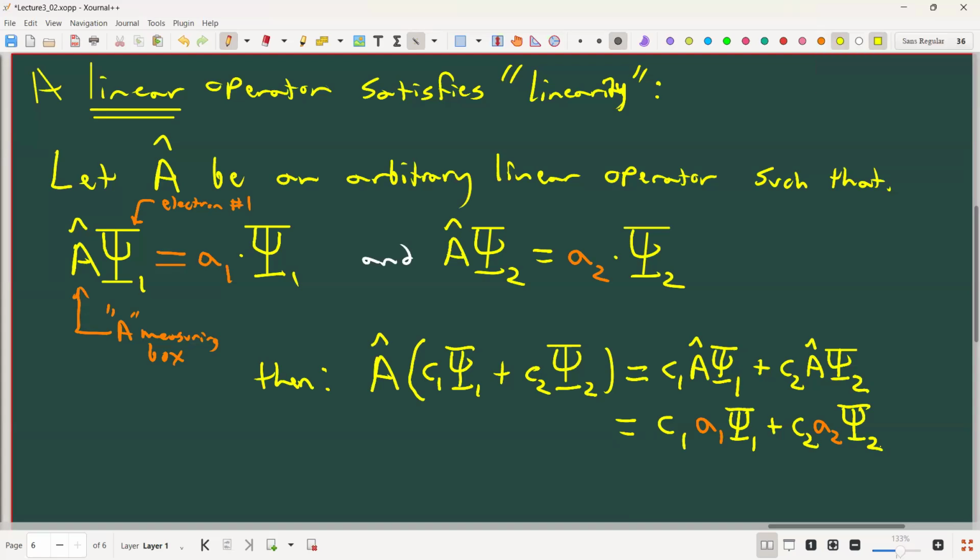So it satisfies this linearity. Everything adds up together. This is a really, really powerful technique, because if we know how to solve one problem, we can solve all of them. It's really, really nice.